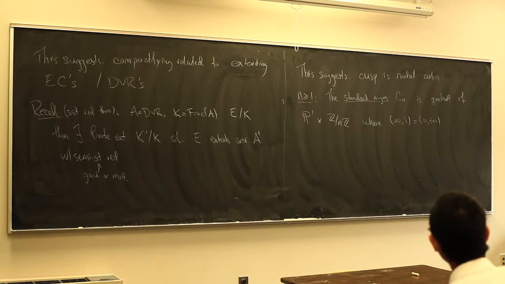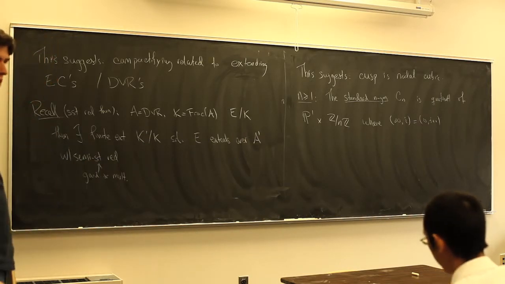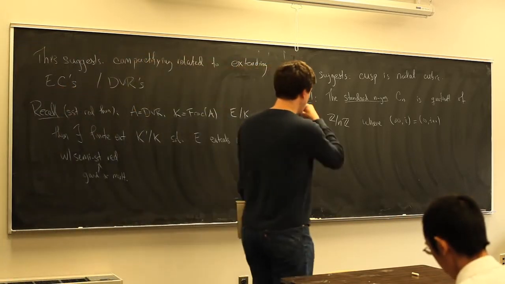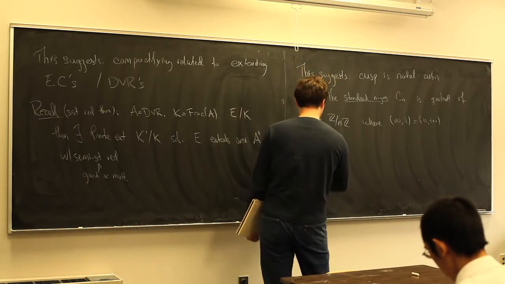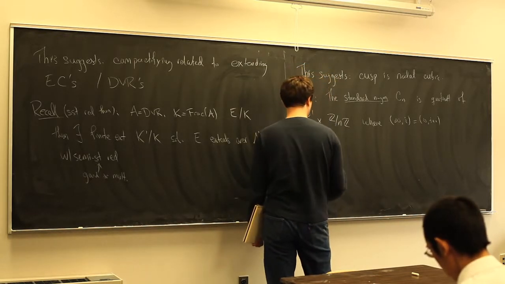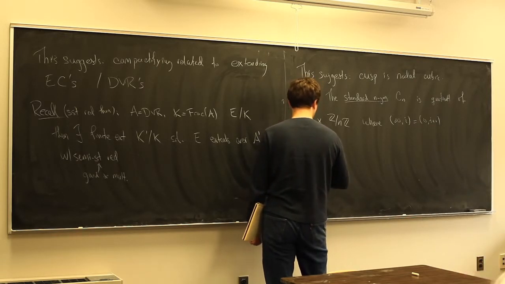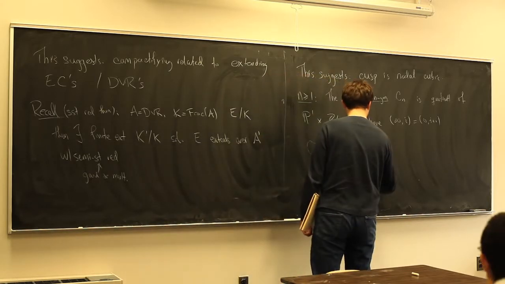That's kind of a subtle point. Well, I'll come back to that in a minute. Okay, so the picture for this is, you're taking P1, like the Riemann sphere, and you're just gluing them together at points like this. Or if you think of P1 as a line instead, you would draw it like this.